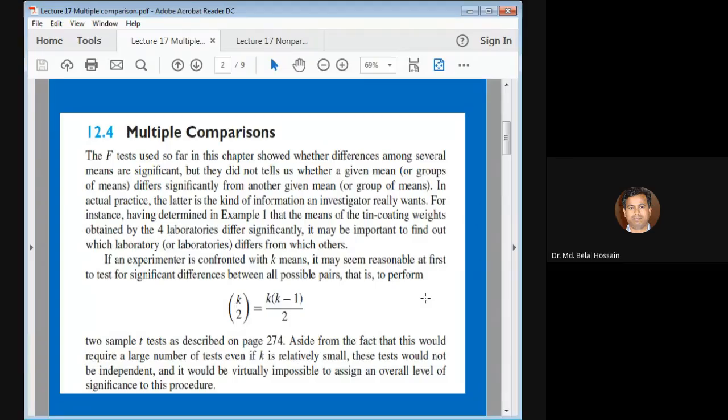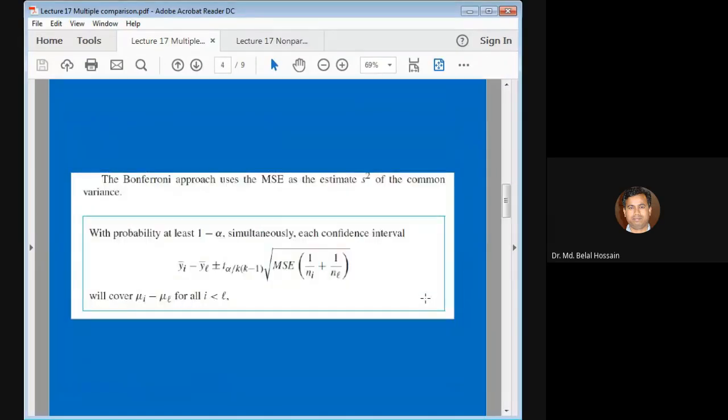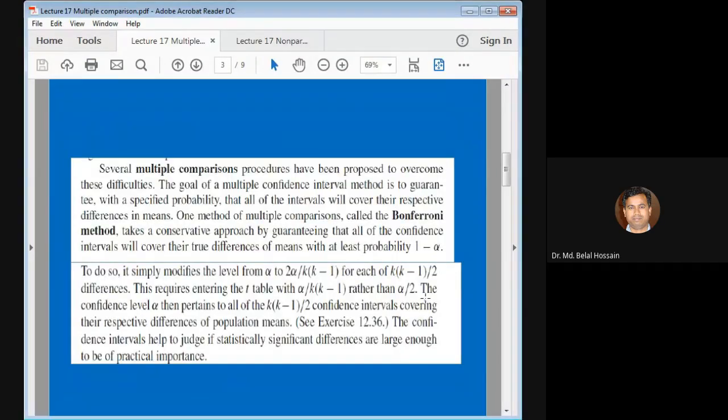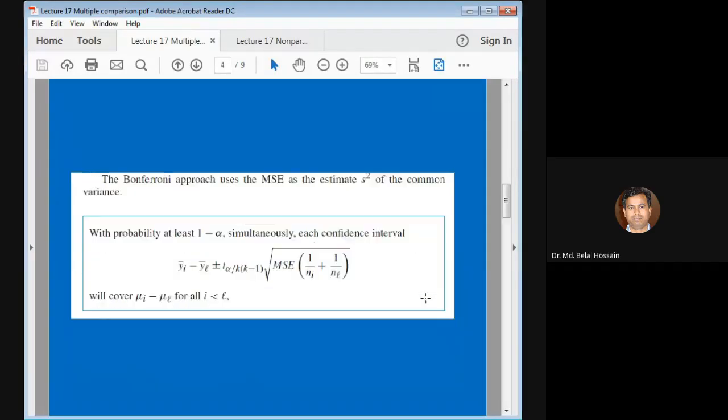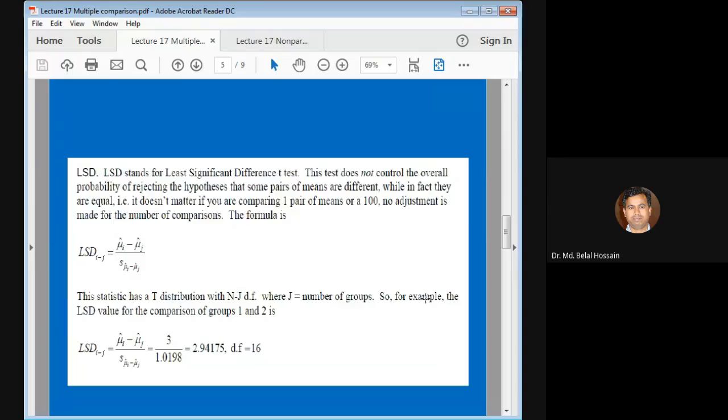In multiple comparisons we have many tests. We have Bonferroni methods, we have LSD. Among those, LSD is the latest one, and LSD is most widely used, so we'll learn that. LSD means least significant difference.